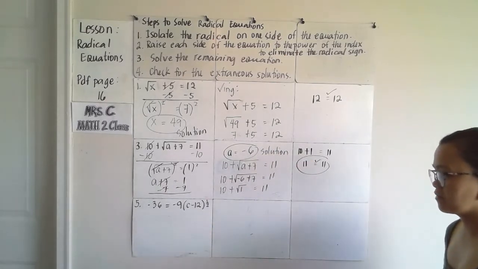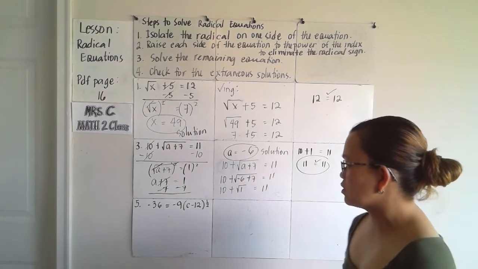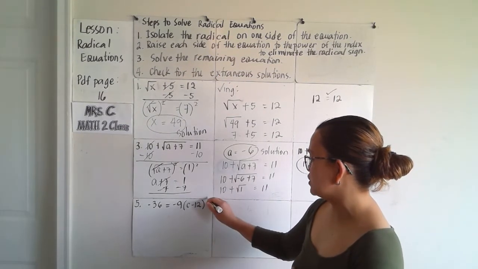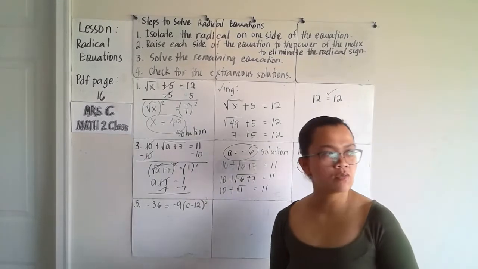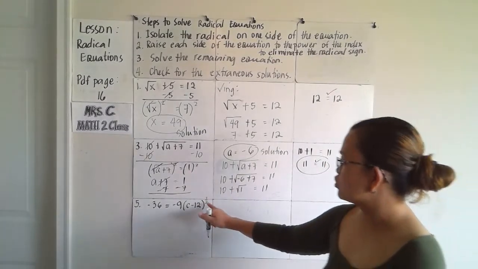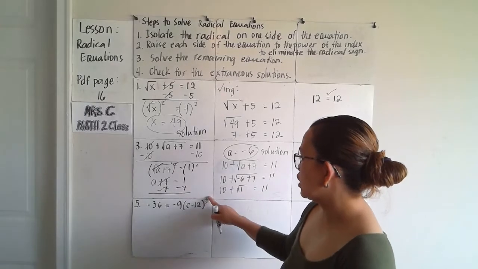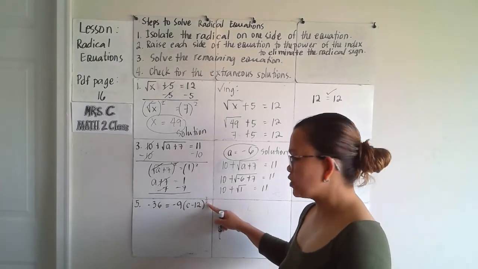Next, number 5. Negative 36 equals negative 9 times the quantity c minus 12 raised to 1/2. This is raised to 1/2, so this is a rational exponent. We need to change this first into radical form. The 1 would be your exponent and the 2 would be your index.